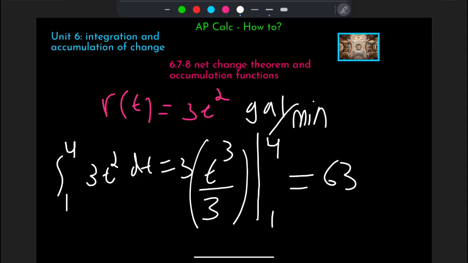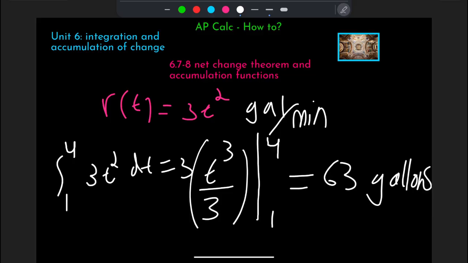And this is 63 gallons. This means that the tank gains 63 gallons over that interval, and it allows us to figure out the total amount that has happened during that time.